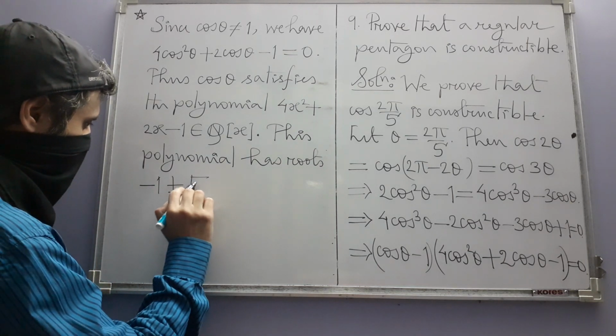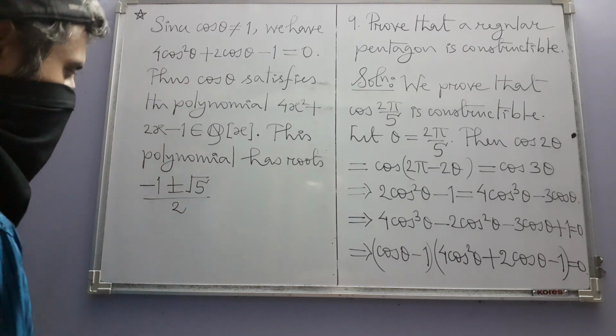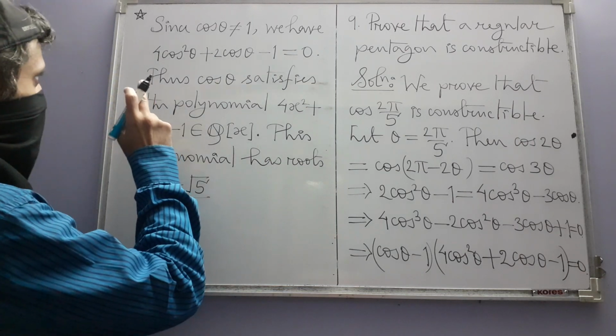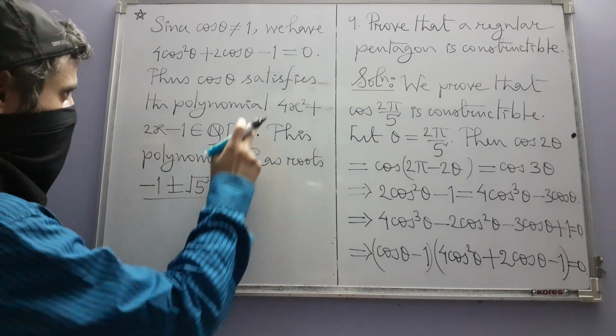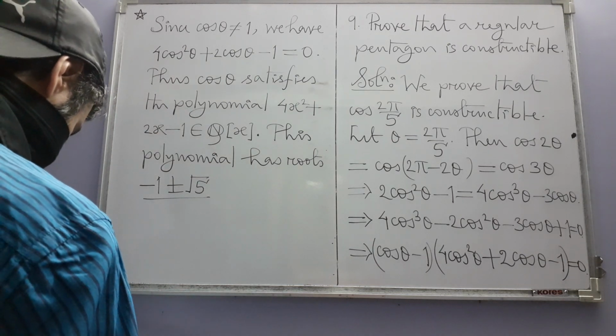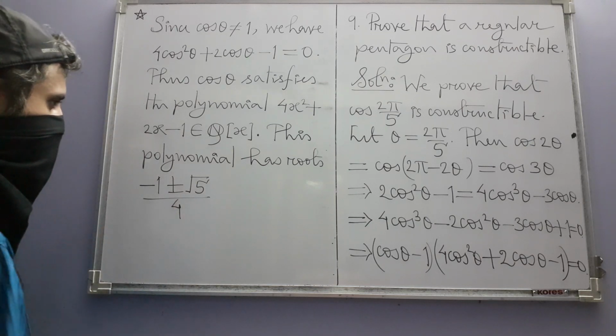From the ordinary quadratic polynomial root formula you will get this. It is not 2 because we already have 4 here, so 8 will come in the denominator, but after cancellation you will have 4.